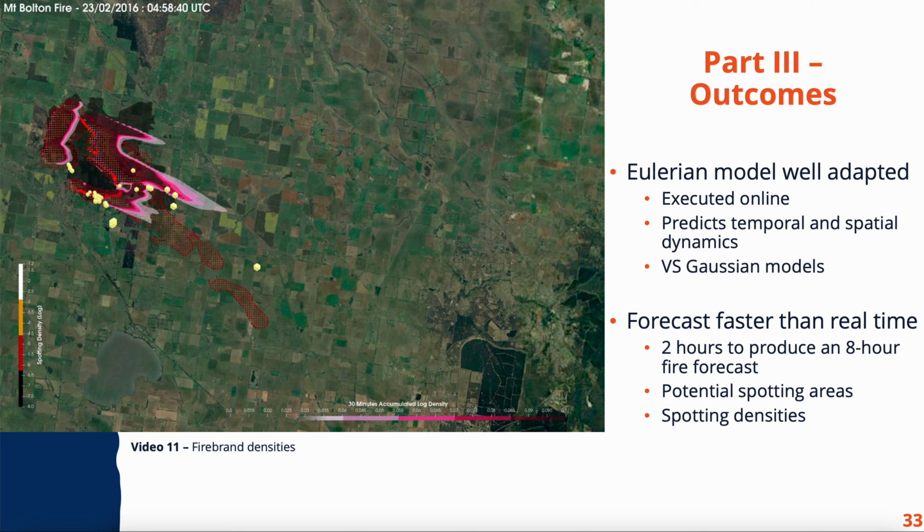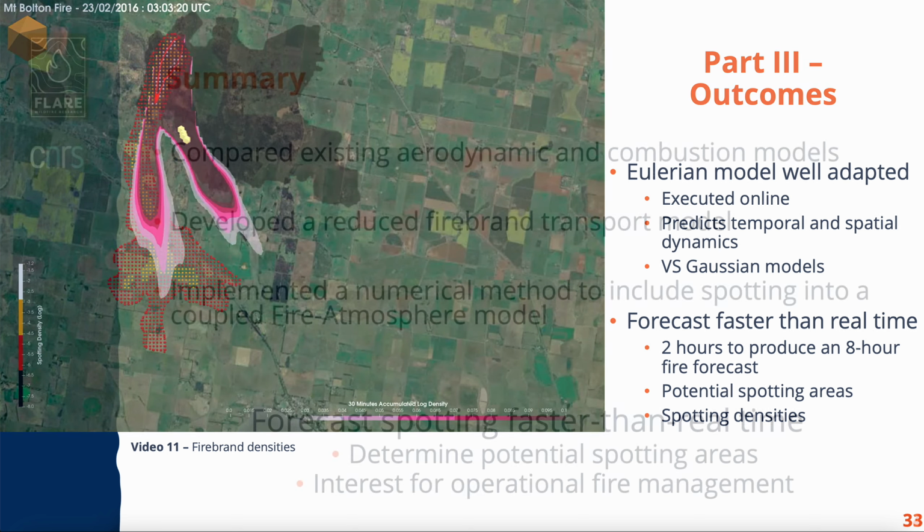And the interesting part, of course, is that the forecast is provided faster than real time. So it took us 2 hours to produce an 8-hour fire forecast. I mean, it takes 2 hours to run the simulation that will provide 8 hours of actual fire progression. That is able to identify the potential spotting areas and also the spotting densities. So that could be linked to the probability of spot fires.